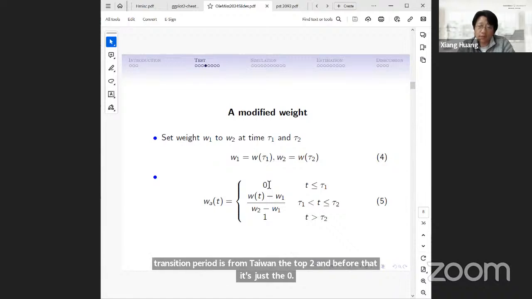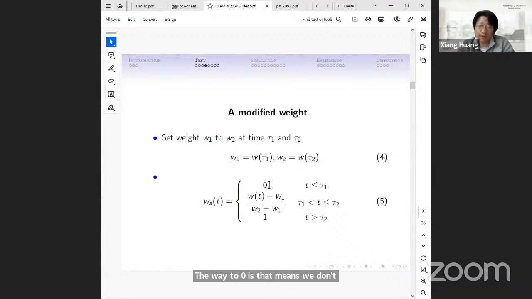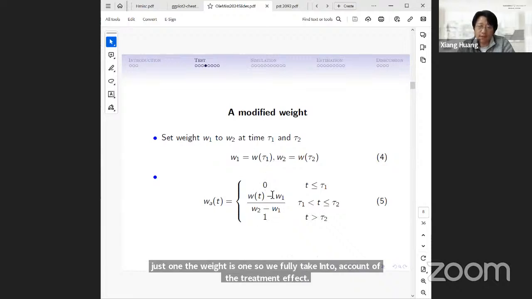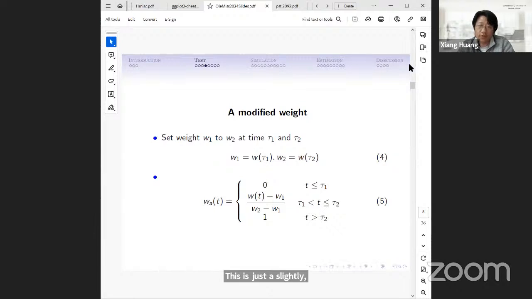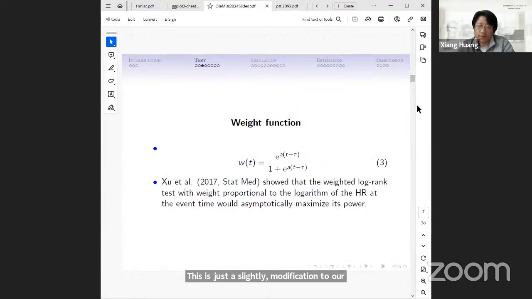That means we don't take into account the treatment before tau 1, and after tau 2 the weight is just 1. So we fully take into account the treatment effect. This is just a slight modification to our previous weight function.